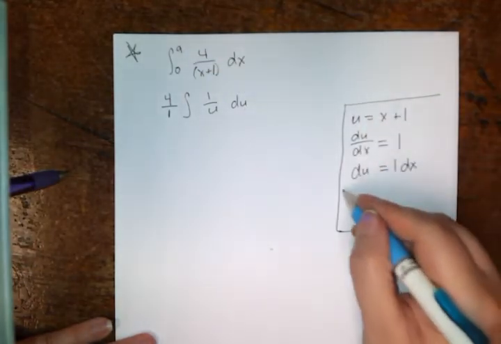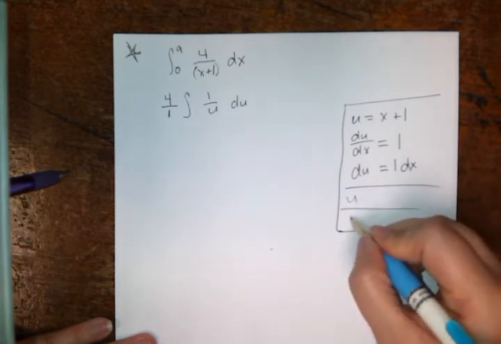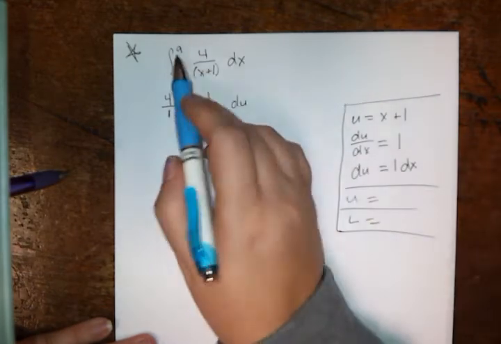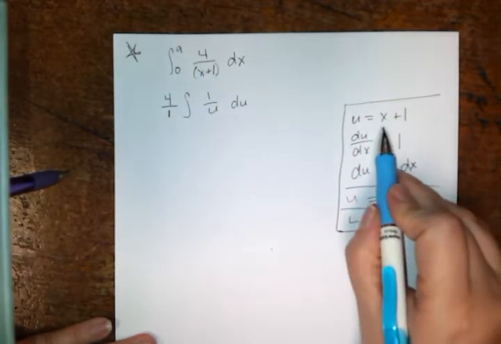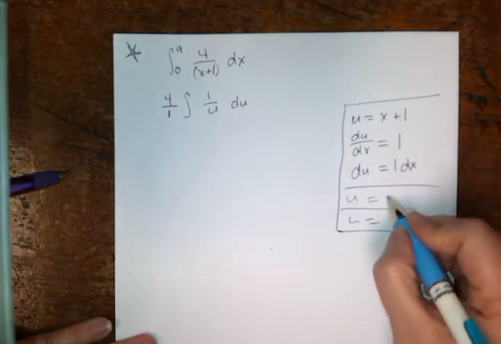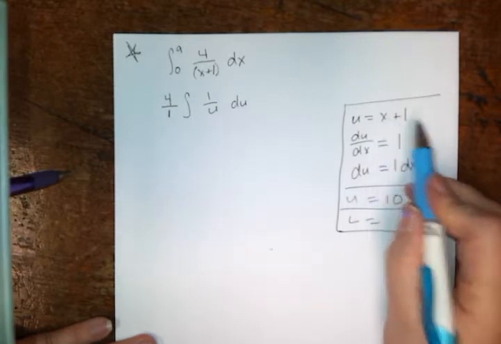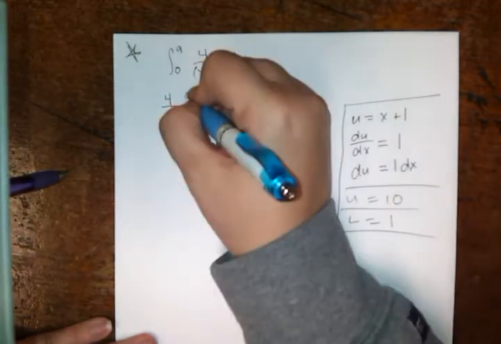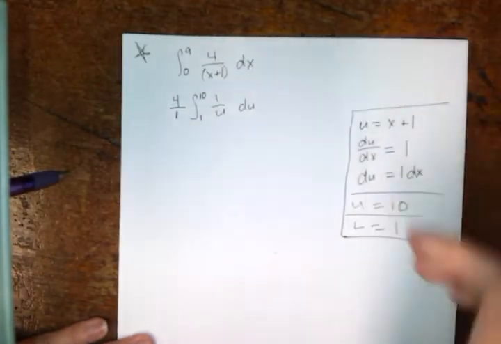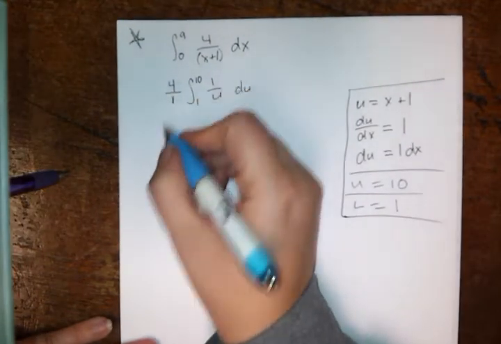So we need an upper bound and a lower bound. Our upper bound, plug in a 9 to our u, that gives us 9 plus 1 is 10. Lower bound, plug in a 0. 0 plus 1 is 1, so we have 10 and 1 as our bounds there.